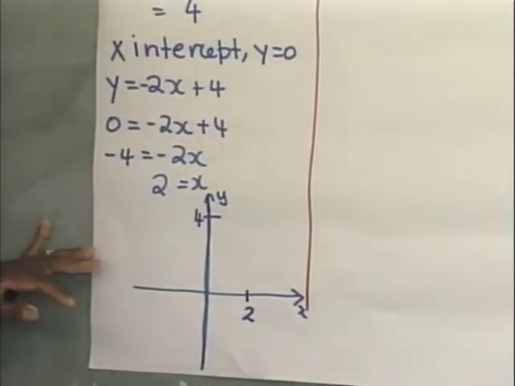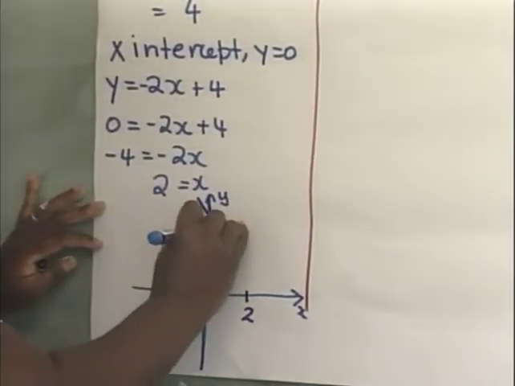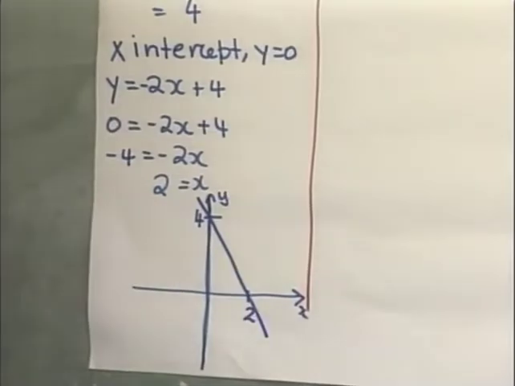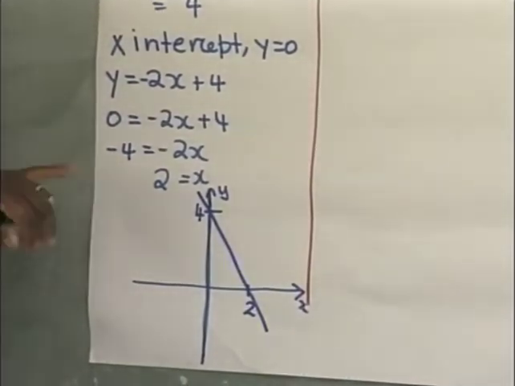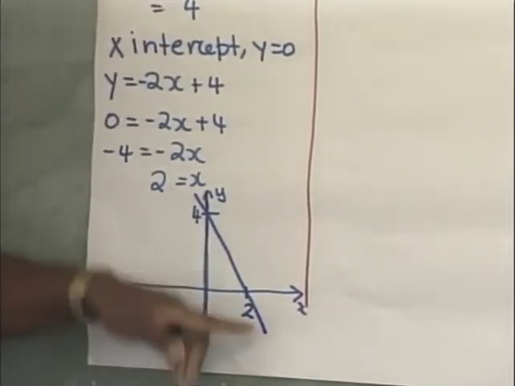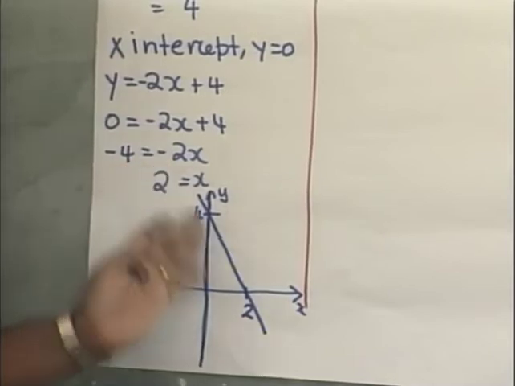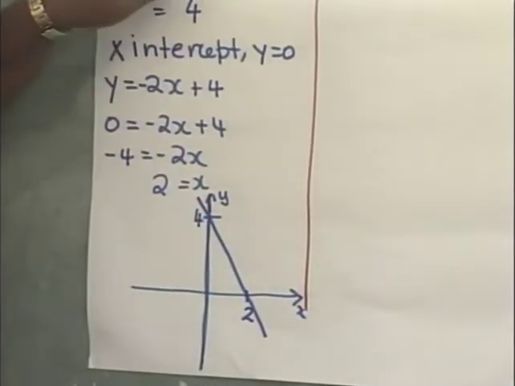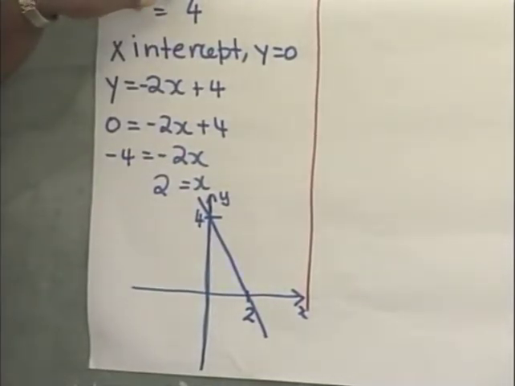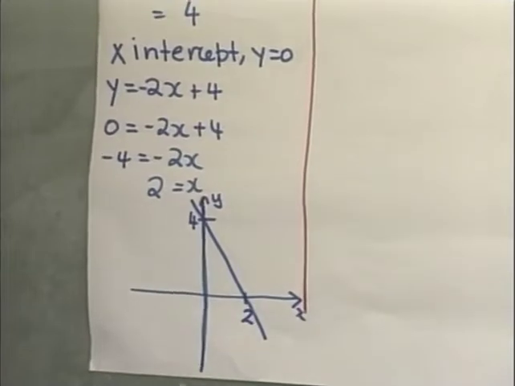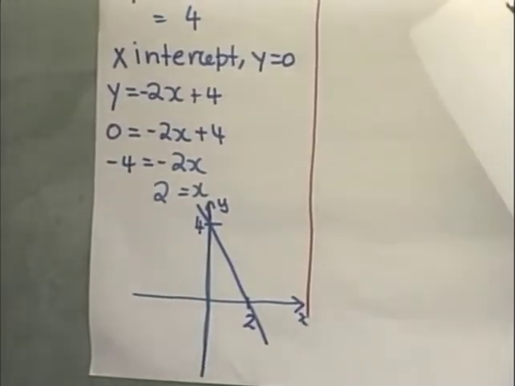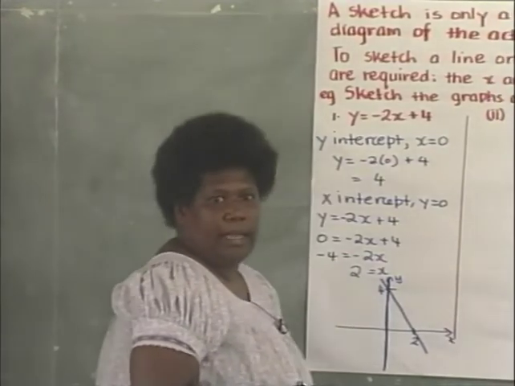And then you join the 2 points. That is the line y equals minus 2x plus 4. It should slope this way because the gradient is negative. So that's all you need to do to sketch a straight line. It's just a rough diagram to show what the line will look like.